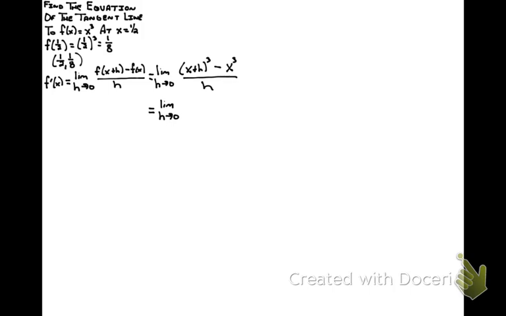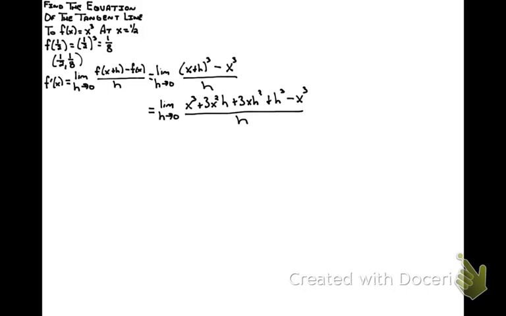X plus h cubed is equal to x cubed plus 3x squared h plus 3xh squared plus h cubed, minus x cubed, all over h.